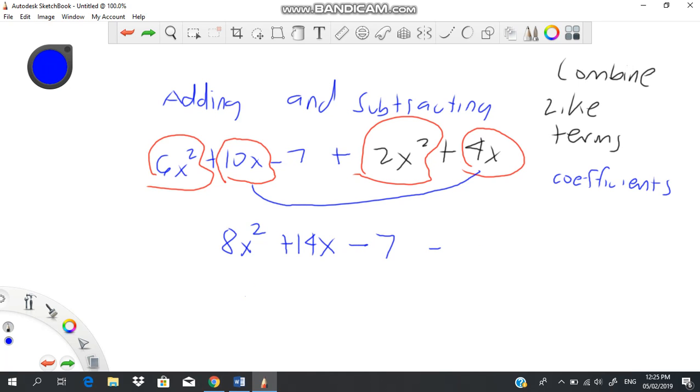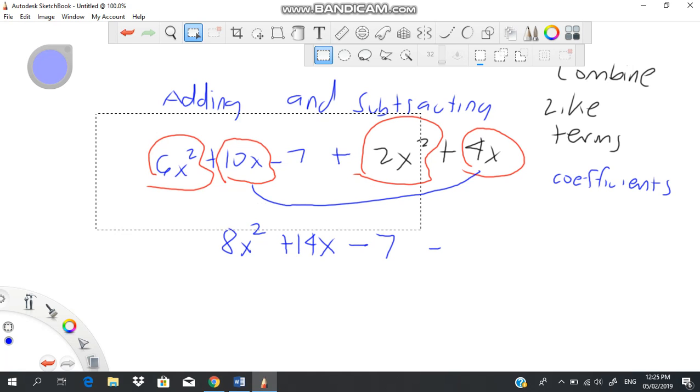Let me just clear it for you so that we'll have space.